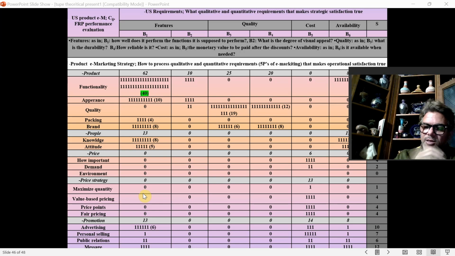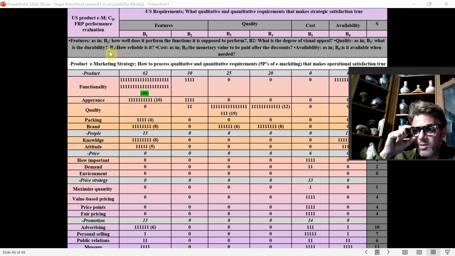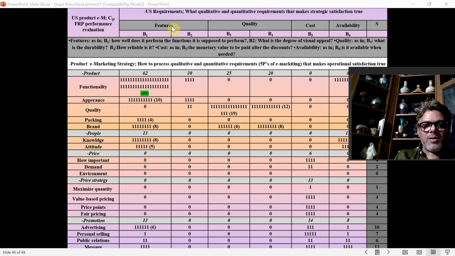So individualization again. If there is any graphics, let's say for quality B3, what's B3? What is the durability? So I don't need to show the durability of a product to this specific user as a main variable or requirement that I have to put on to identify the product as quality.